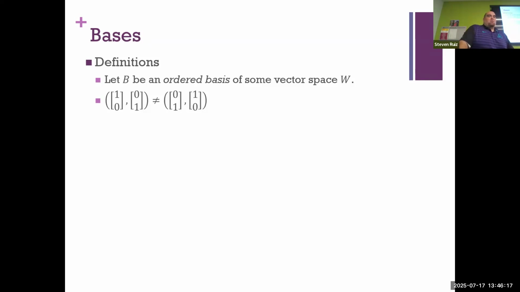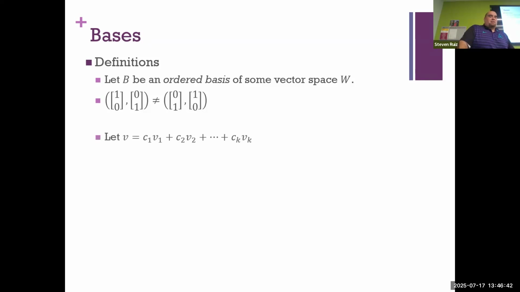So the idea of an ordered basis, it matters where those vectors sit. So like these 2 bases right here, if I just call them a basis, these are the same. If I call them an ordered basis, they're now different.